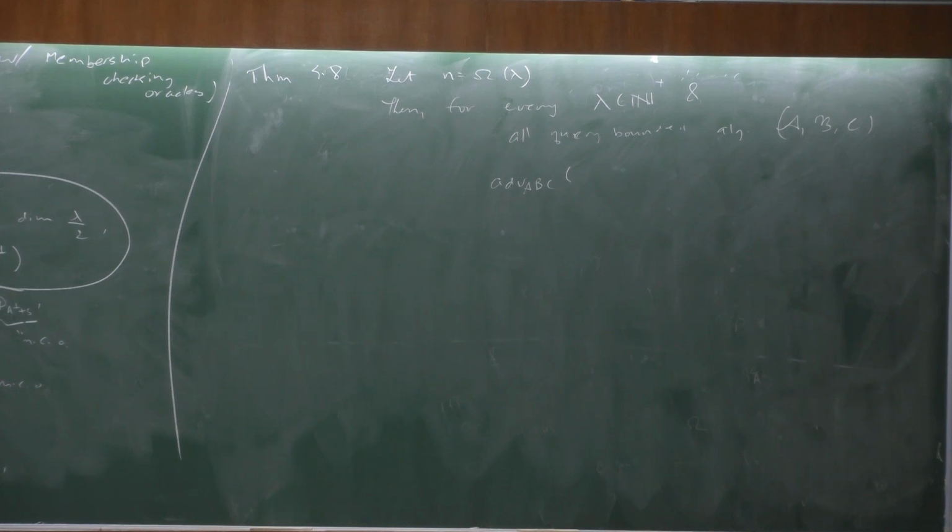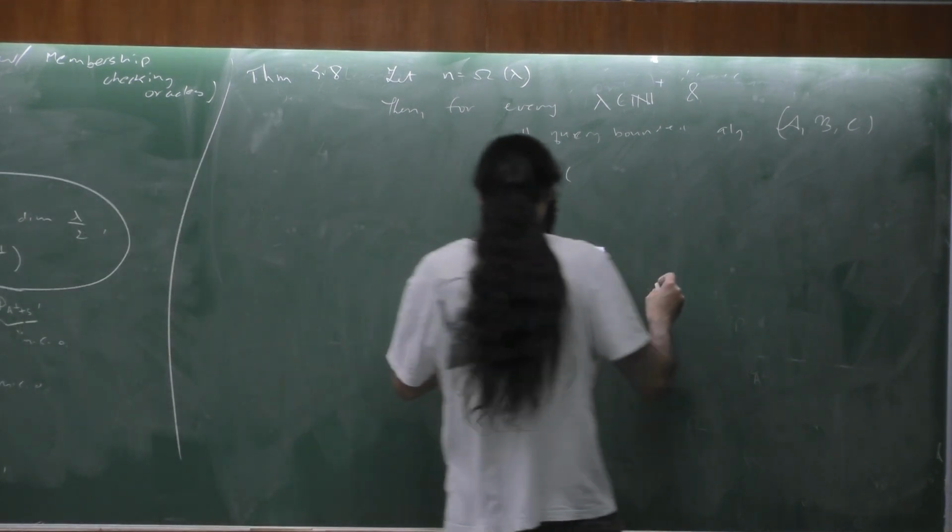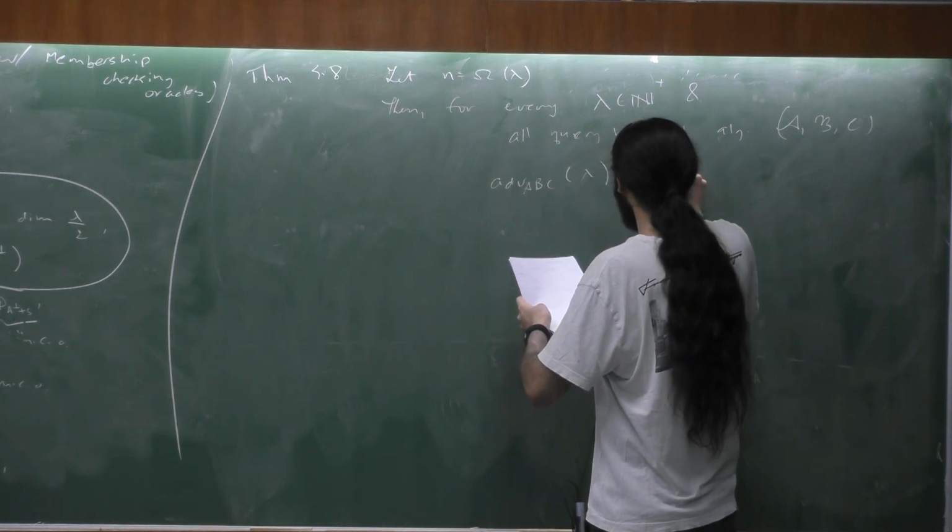Success meaning accept probability. Okay, good. So the advantage is at most half plus negligible in lambda.